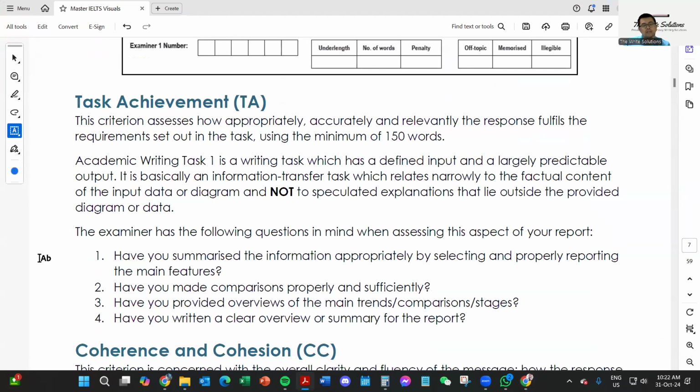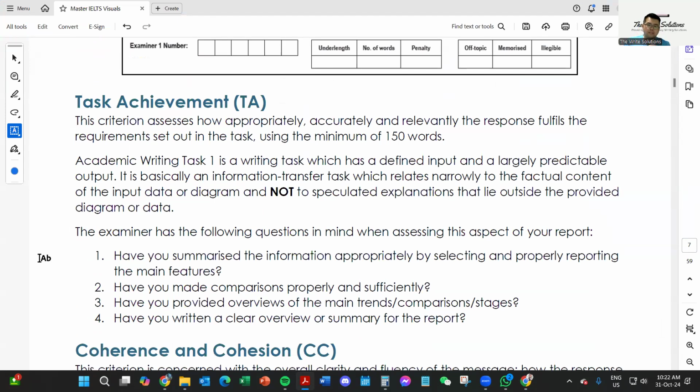So task achievement is how appropriately and accurately your response fills the requirement. Academic writing task 1 is a writing task which has different input and a largely predictable output. It is basically an information transfer task. You're summarizing the information.